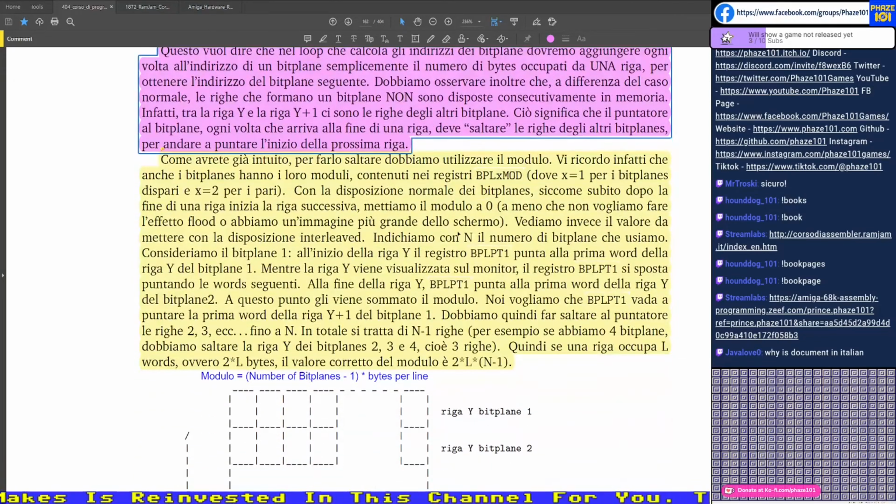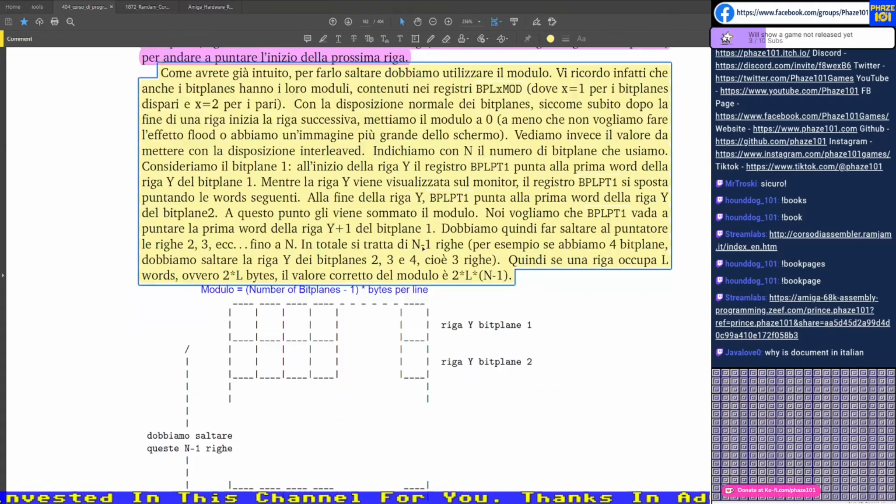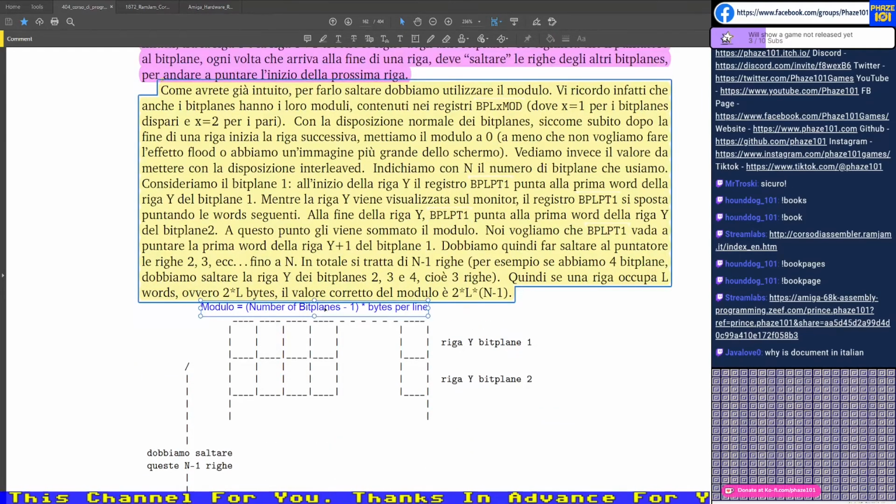Now let's explain the second change, which is the modulo. I have all this paragraph in this line basically, so nothing to be afraid of.